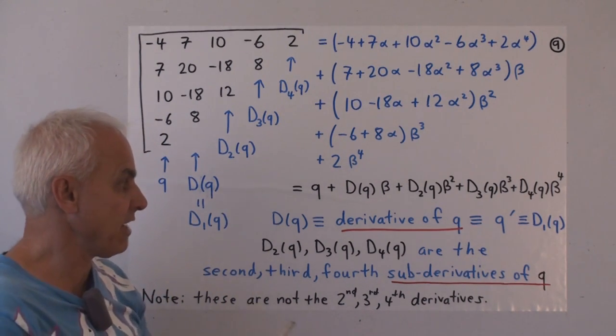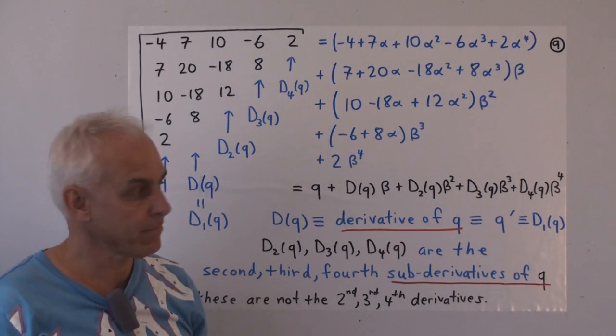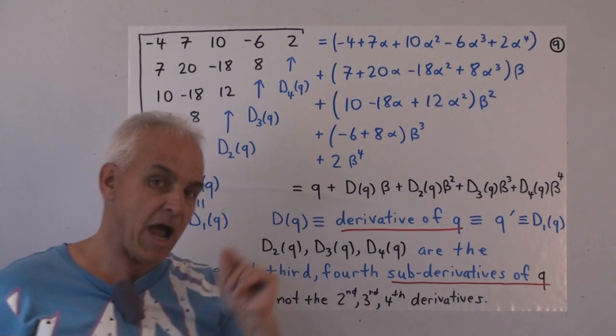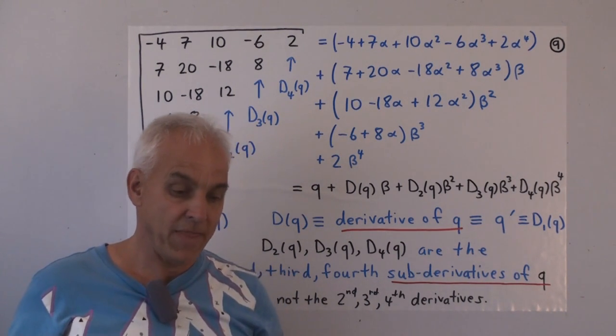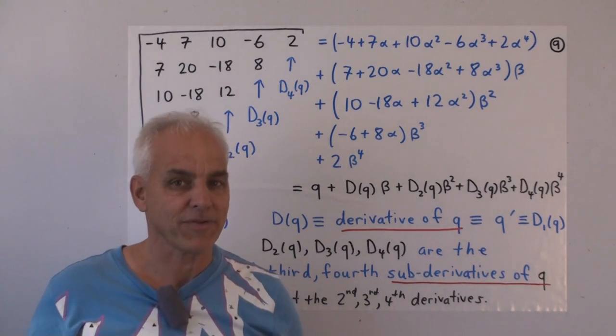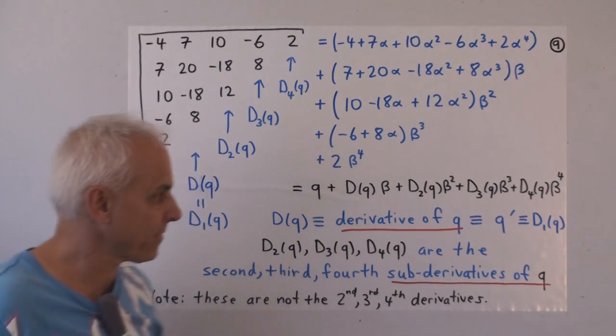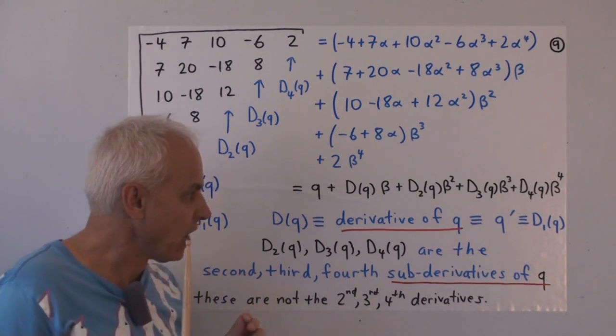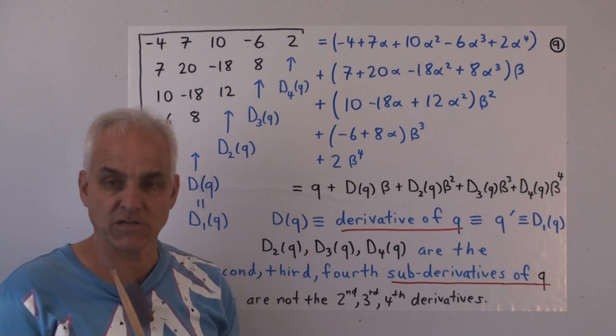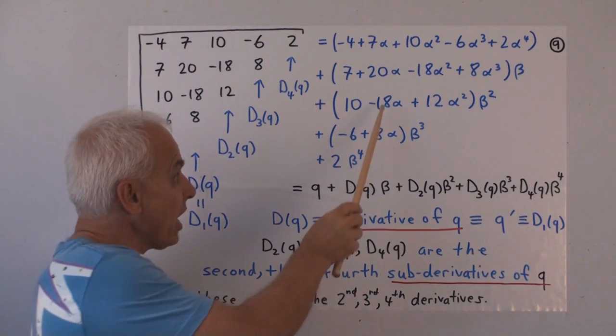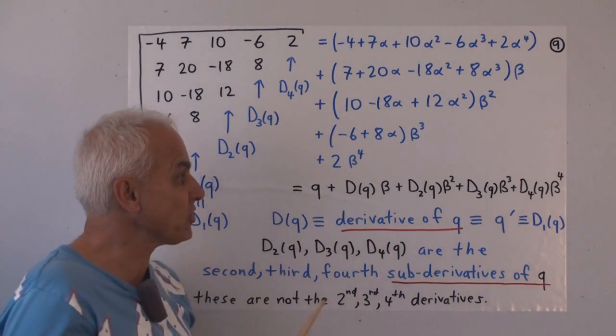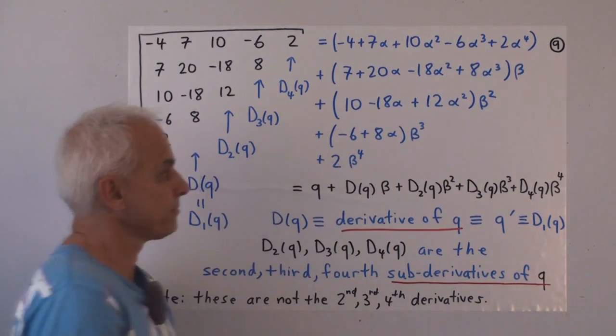And in fact they are, and we're going to give them names. You might think that they are just the higher derivatives of q, and that's almost true, but not quite. There's an important difference. So we're going to have to adopt some special notation and special terminology to describe these higher coefficients obtained from q.